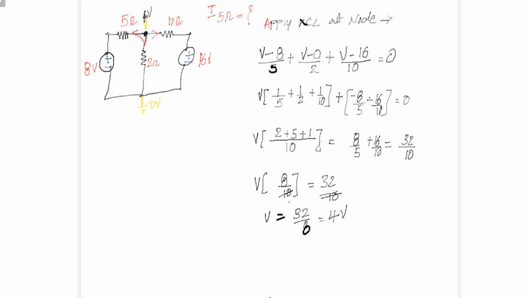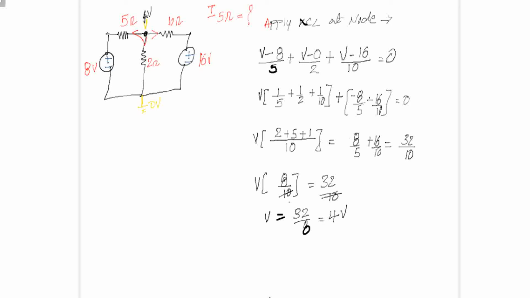If the voltage is 4, then anybody just tell me, without calculating, what will be the voltage drop across your 5 ohms? We had taken the current moving from V to 8 volts, but what is the actual current direction?